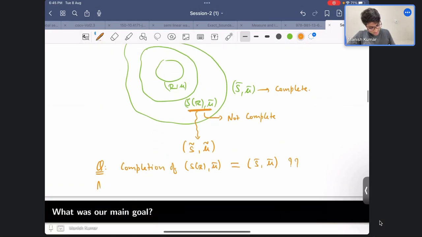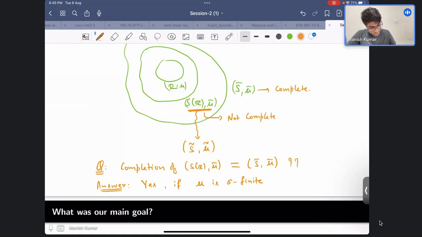And the answer is yes, if mu or mu bar, whatever, is sigma finite. Because mu sigma finite will give mu bar sigma finite. So this is the measure with which we are starting.